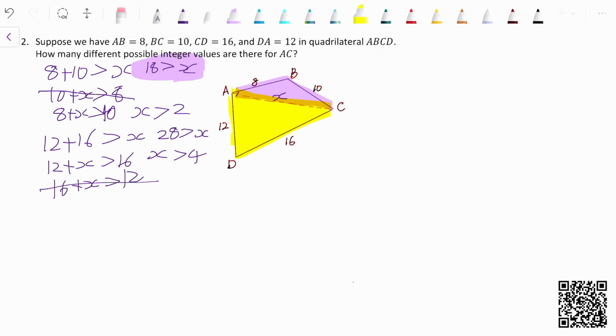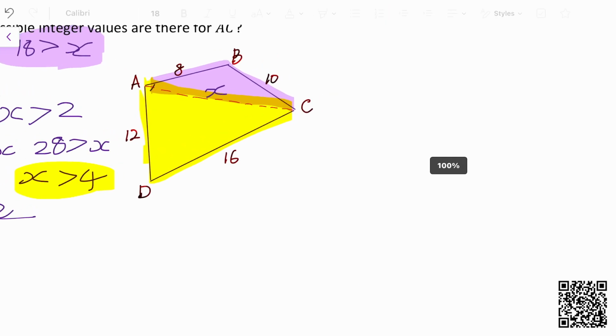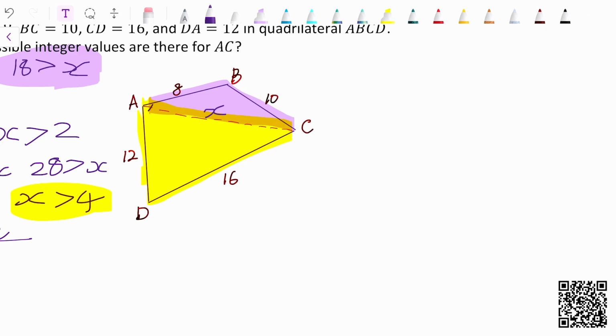Similarly, x can be greater than 4 while also being greater than 2, therefore we take x greater than 4 as our greater than value. So x has to be less than 18 and greater than 4, which is now our final solution.